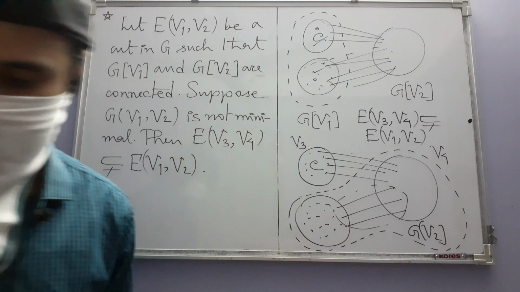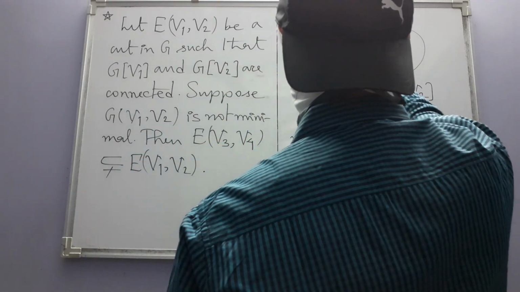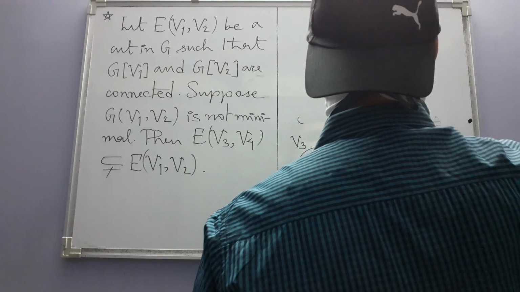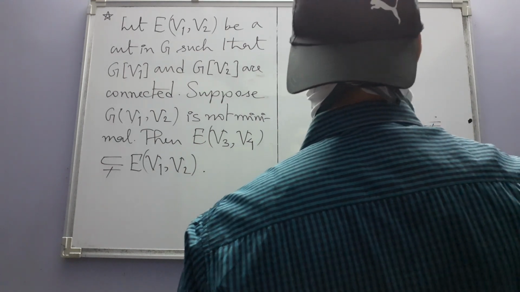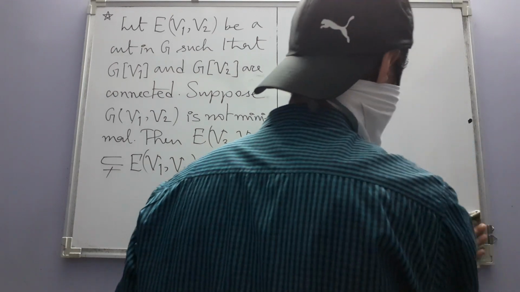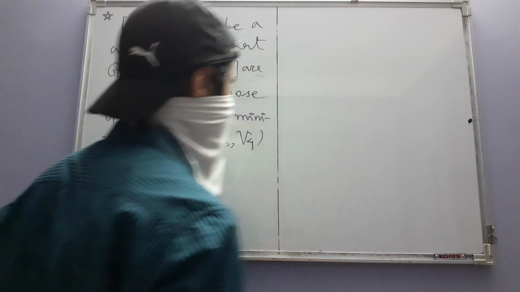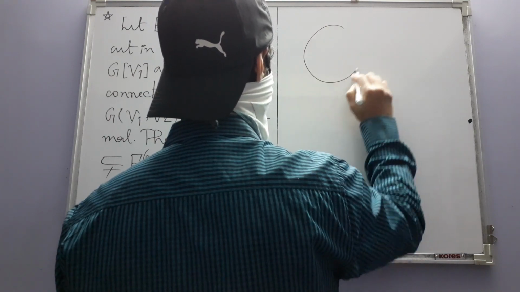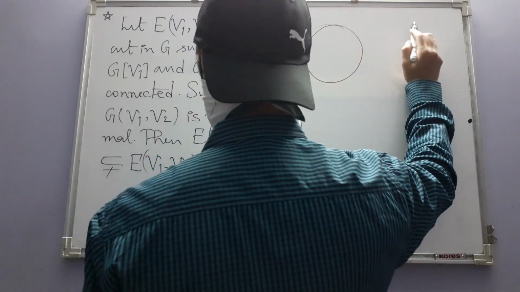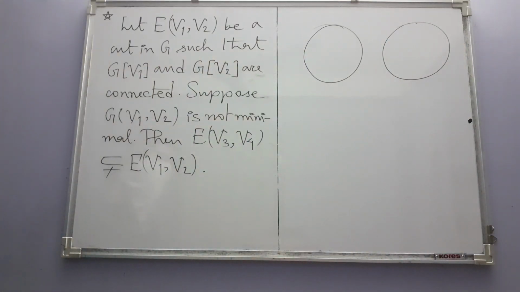Now let's get rid of this part and start drawing things afresh. So now what is the situation? So this is our V1, this is our V2.